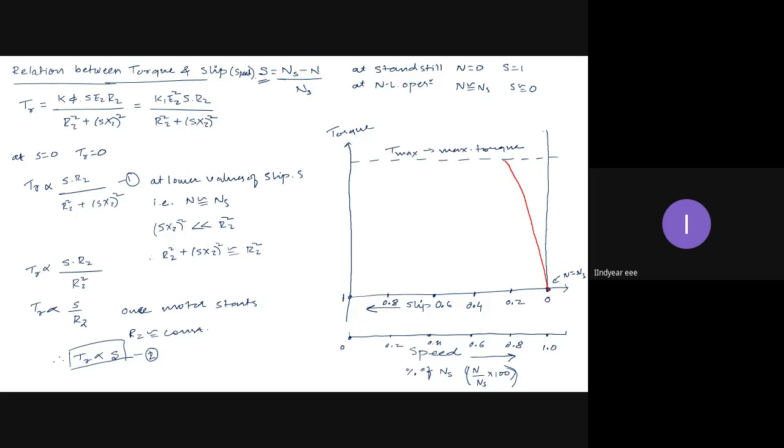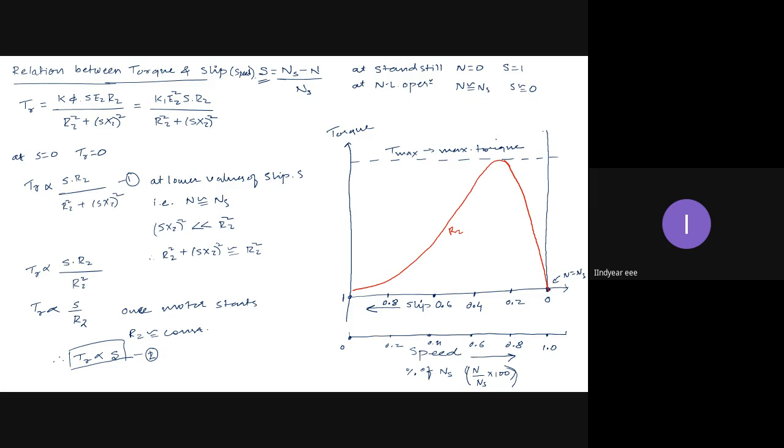Once it reaches maximum value, the torque is decreasing. Okay, so this is for the rotor resistance R2. So this is the speed torque characteristic of an induction motor.